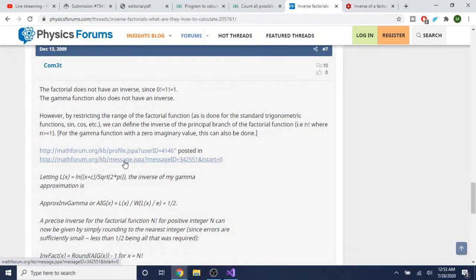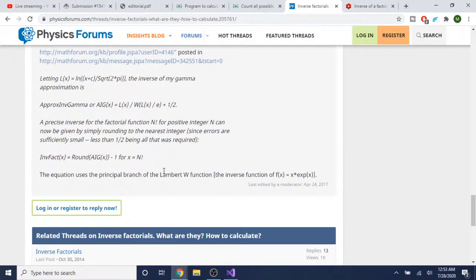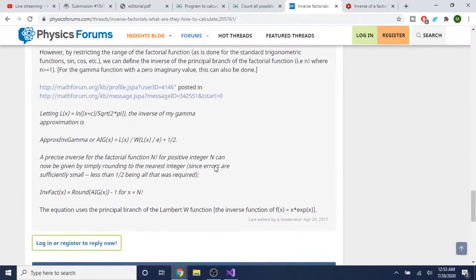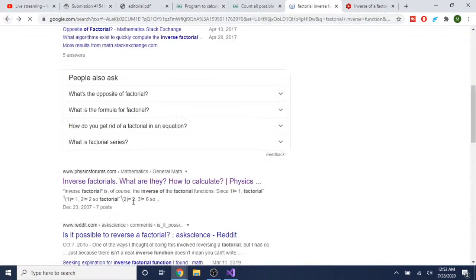Gamma function does not have an inverse. We restrict the factorial function for trigonometry. Okay, so he's using some gamma approximations. I don't want to do that. But I didn't know there's such thing as inverse factorials.